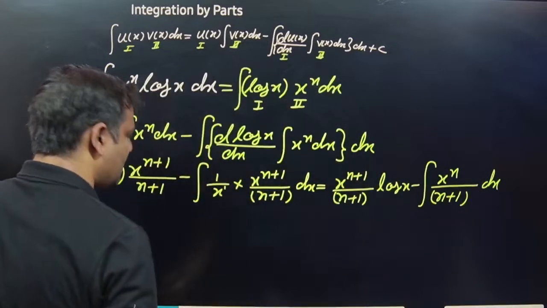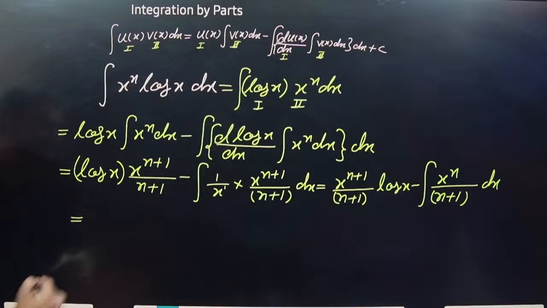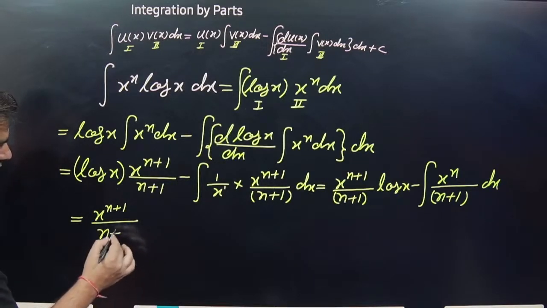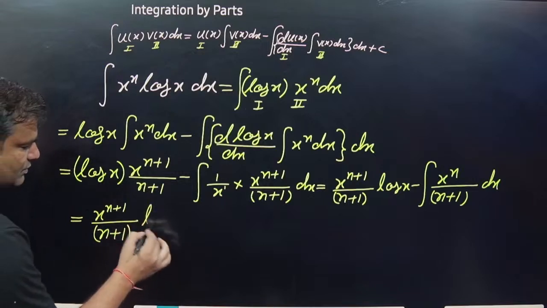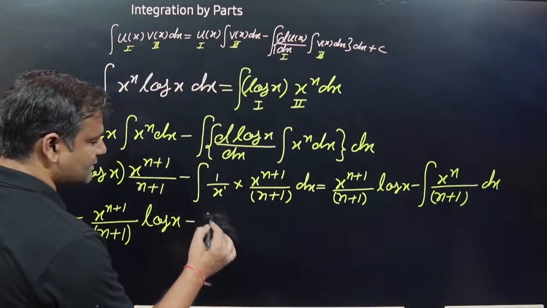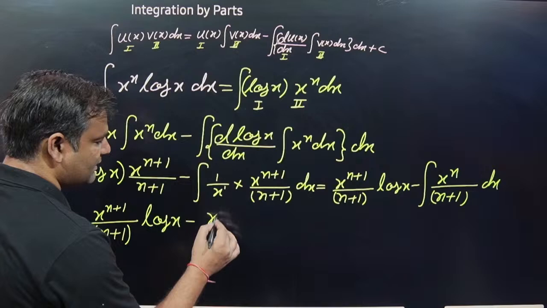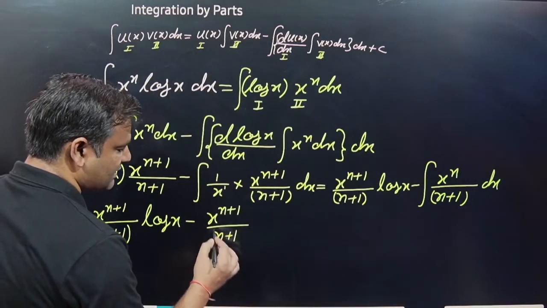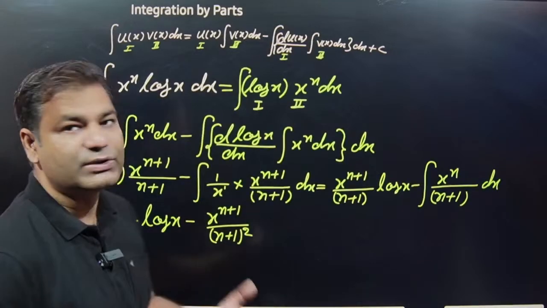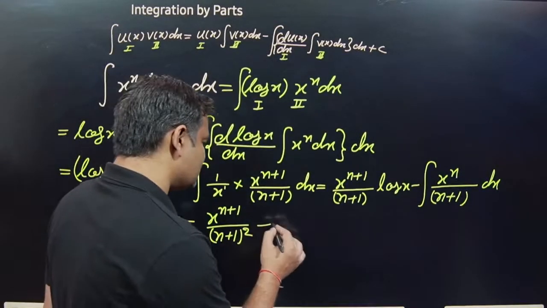Okay, so how can we integrate? Very simple. X to power n plus 1 upon n plus 1 into log x, minus x to power n plus 1 upon n plus 1. So n plus 1 into n plus 1, that is n plus 1 to the whole square, plus c is the right answer.